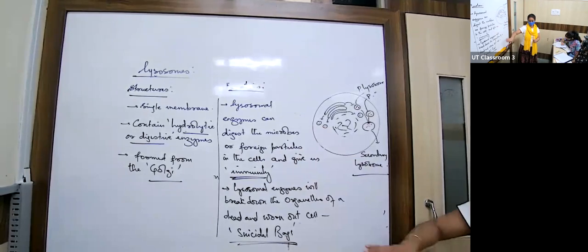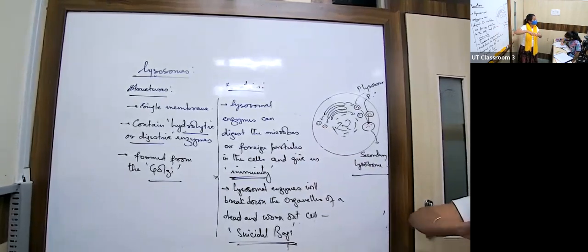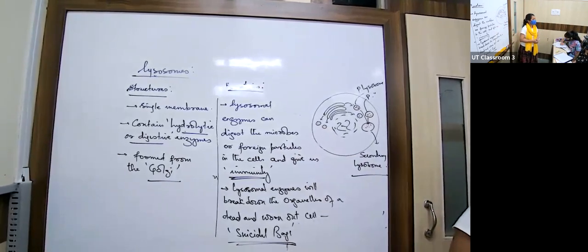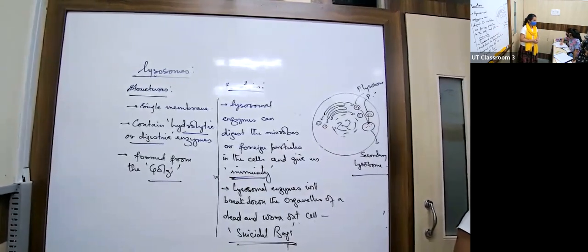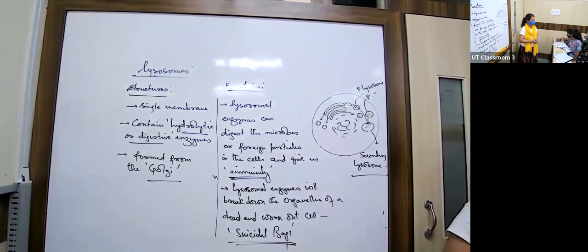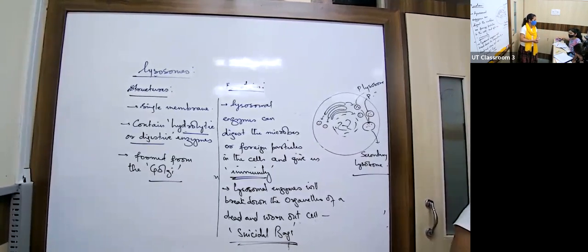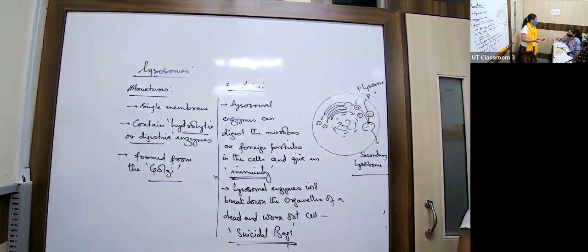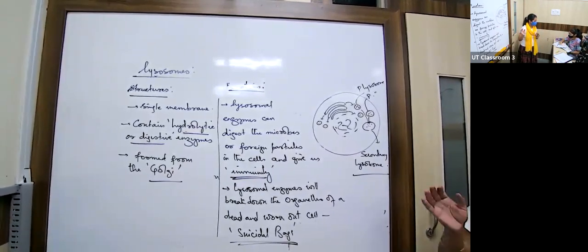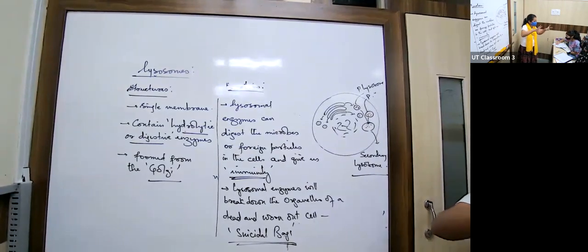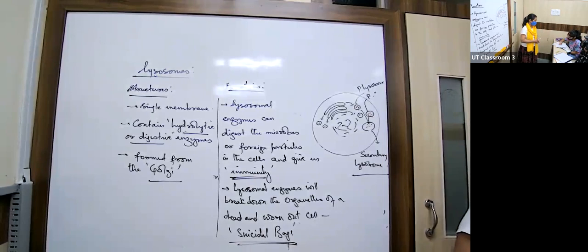But sometimes, yes, the lysosome can kill its own cell. But will the lysosome ever kill a functional good cell? No. When the cell has already finished its span, when it is no more functional, when it is not capable of doing any good function, at that time the lysosomal enzymes will spill over the entire cell, dissolve all the membrane, and the cell is dead.